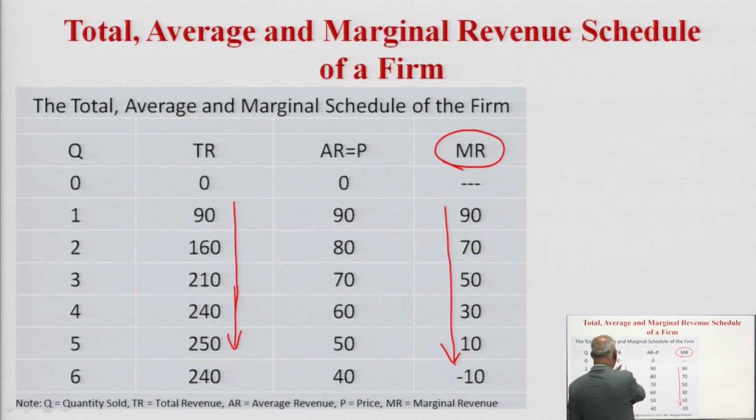So, total revenue is how much? 90. 90 divided by 1 is 90. 160 divided by 2 is 80. 210 divided by 3 is 70. 240 divided by 4 is 60. Like that you will be finding this is the price figure or the average revenue figure.